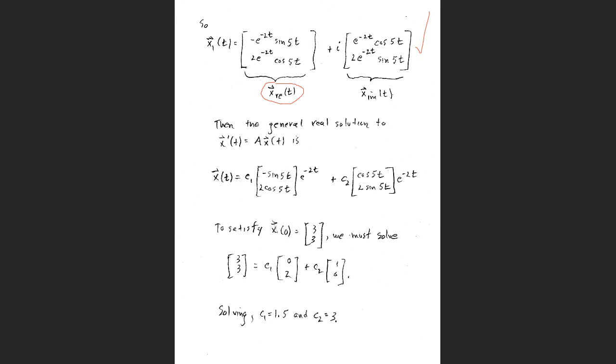So the eigenfunction is a solution to the linear system of differential equations, but the eigenfunction can be written as you see here. And we showed that then x sub real, that vector, and the vector x sub im are also solutions to the linear system of differential equations.